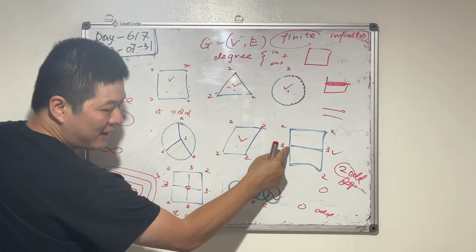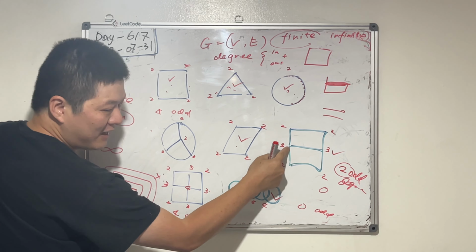If we want to draw in one stroke, so for a vertex in the middle, right? We start from some vertex and finish on some vertex. For any vertex in the middle, there will be one edge entering and another edge leaving. So it has to be even.